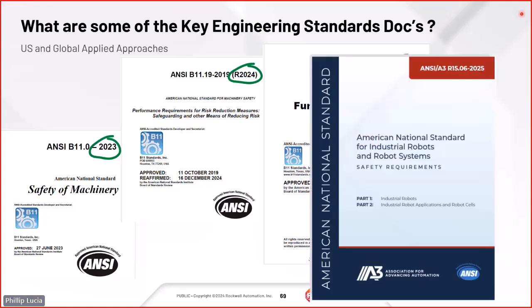And then hot off the press, I think actually last week, is the newly released ANSI A3 robot safety standard. This is the US adoption of ISO standards with some expansion, putting it in context of ANSI. Some of you might think of ANSI RIA, Robotic Industry Association. That association merged and is now referred to as A3, by the way.